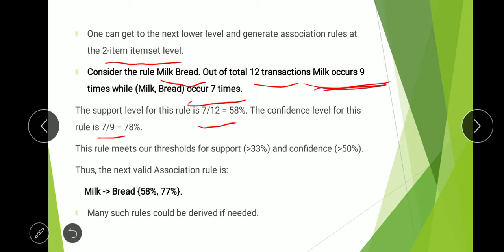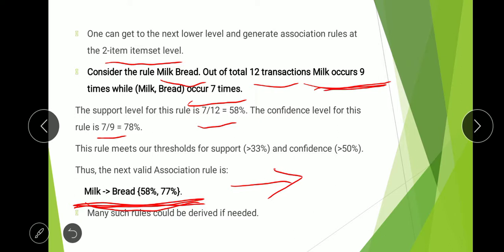So when we have only 2 items, the association rule will be represented like this: milk and then arrow. So this is the association rule for 2 item sets, milk tends to bread with 58%, 77%.